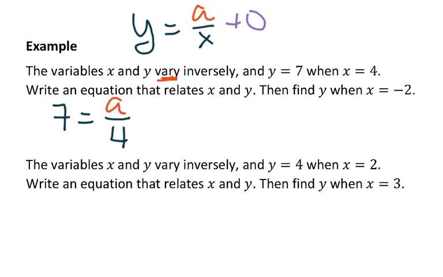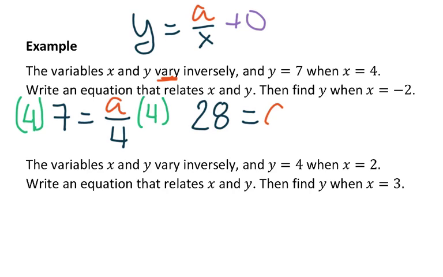So to do so, I'm going to multiply both sides by 4. And I'm going to get 28 is equal to a. So now my constant of variation is 28.